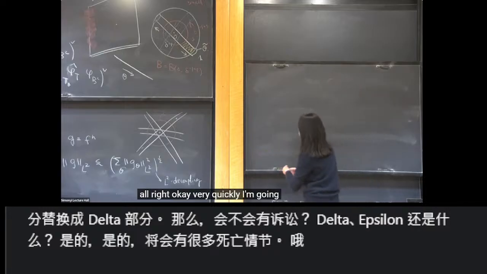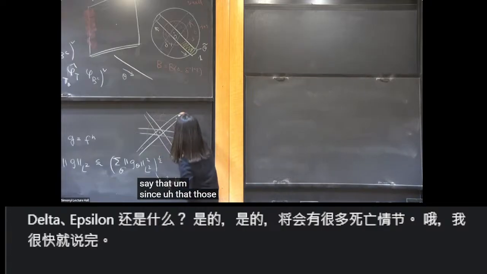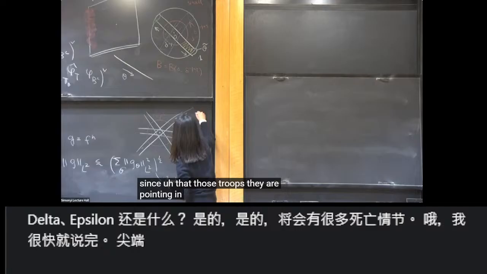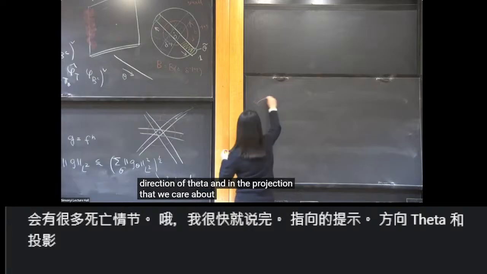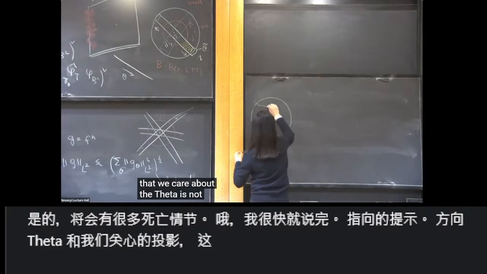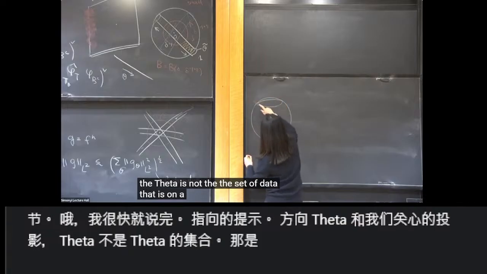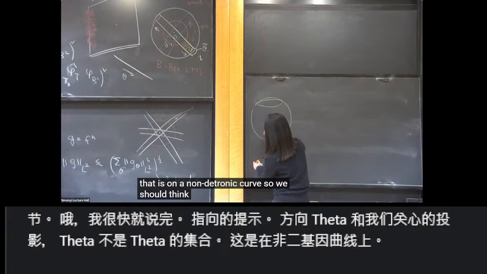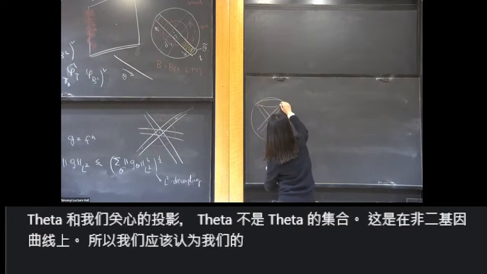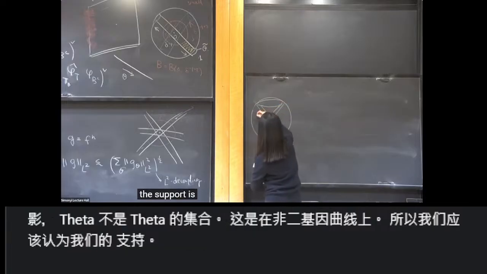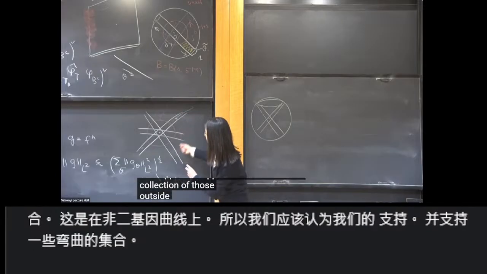Very quickly, I'm going to say that since those tubes are pointing in direction theta, and in the projection that we care about, theta is the set of theta that is on a non-degenerate curve, we should think that the support is on some curved collection of those outside of tubes.